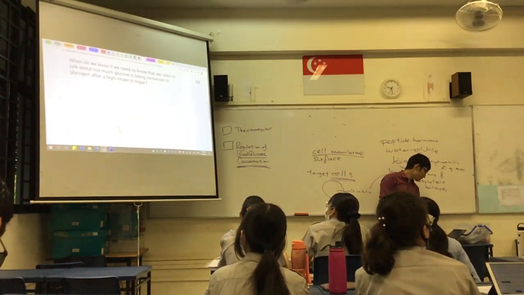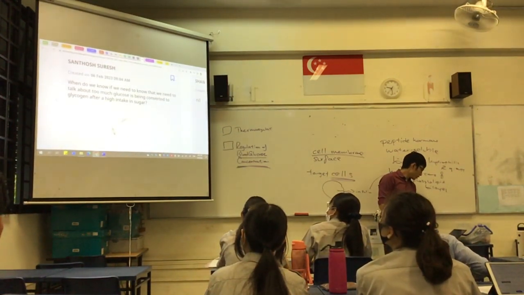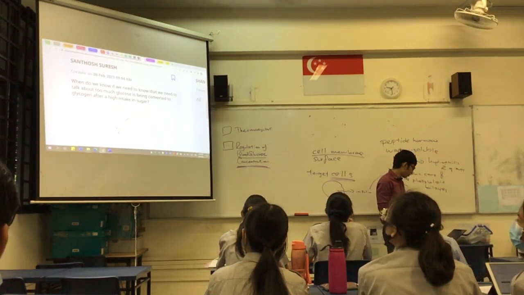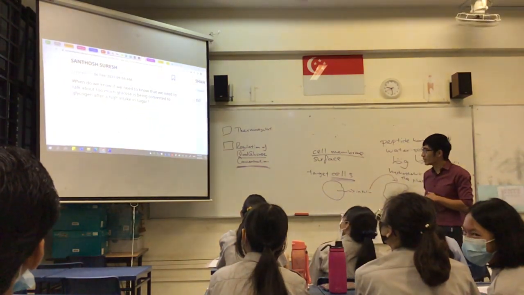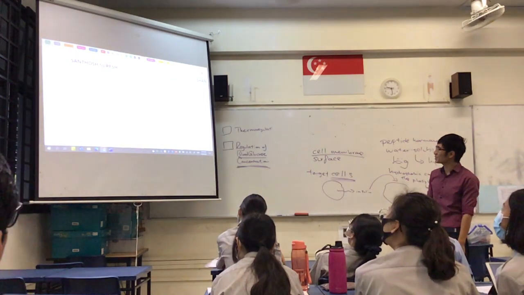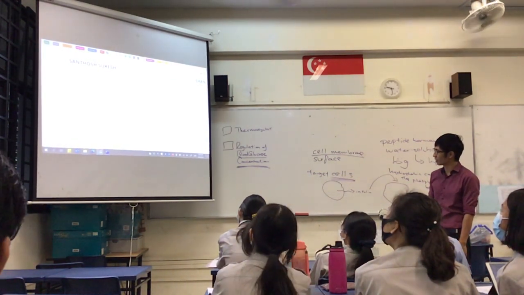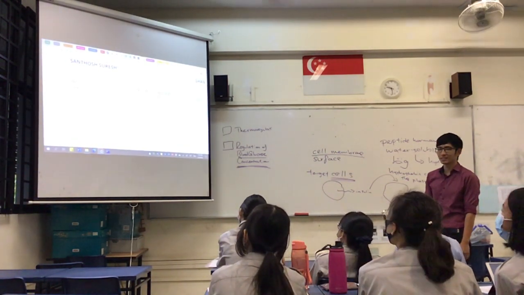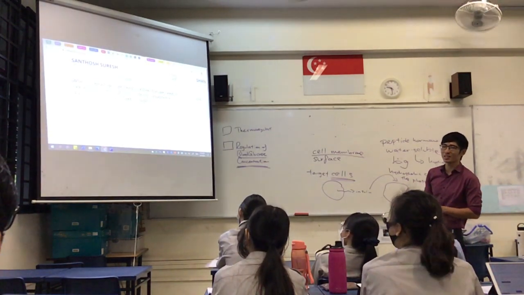I thought you asked, when do we know that we need to know about too much glucose being converted to glycogen after high intake of sugar? Try again. What's your question?